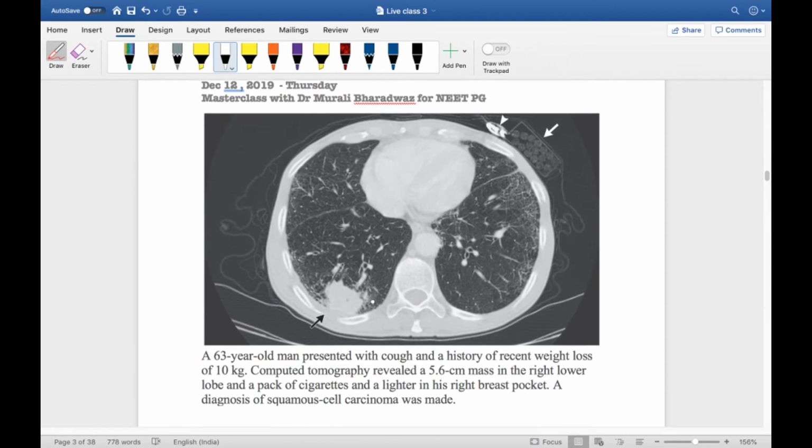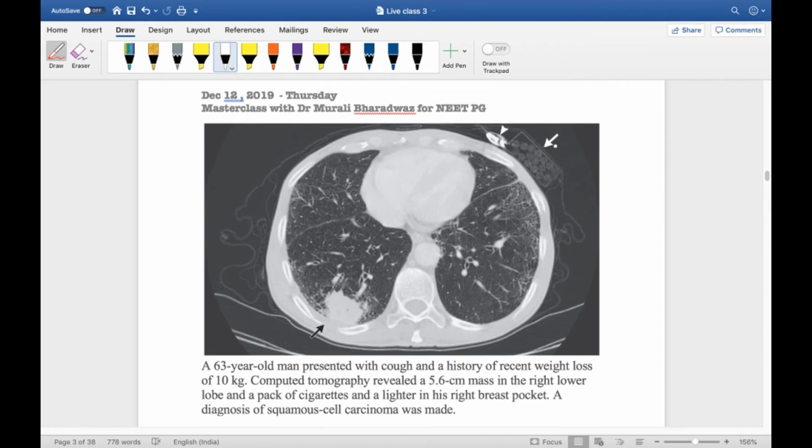Now what are you able to see here, doctor? Very important observation. Have you seen? This patient is having a lighter. This is the cigarette packet, and he is also having a tumor.